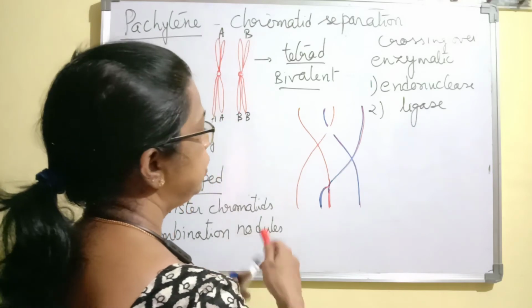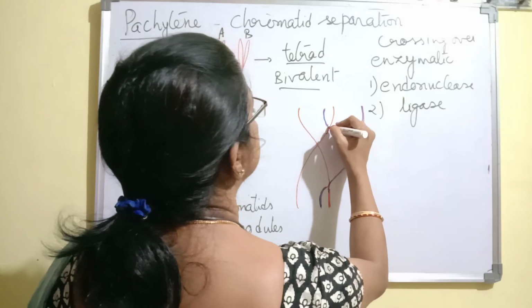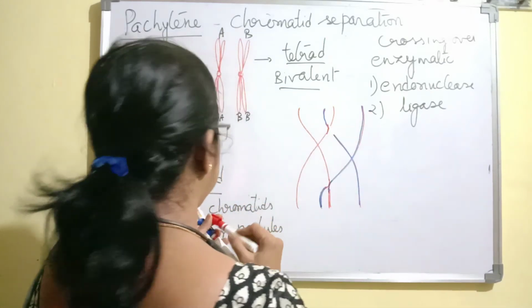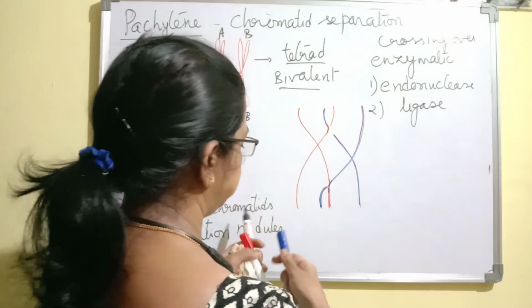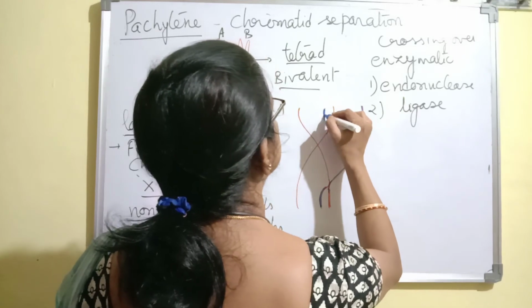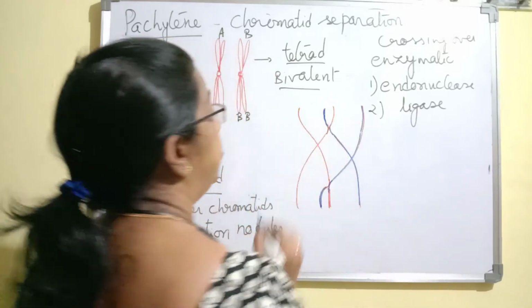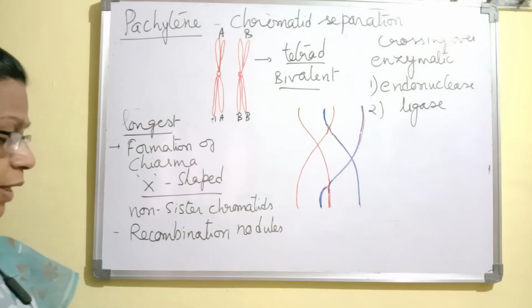Similarly here also, it will exchange its segment and then join. So this will join with this. But even after joining, the chiasmata are still present.